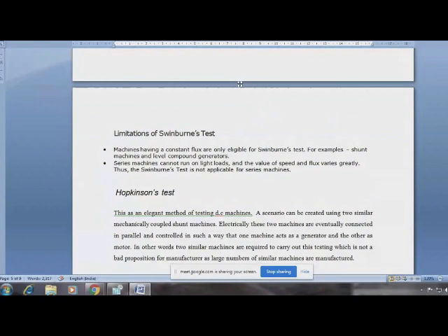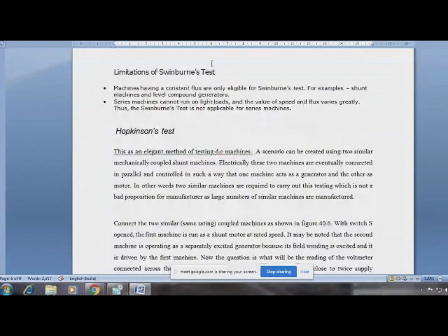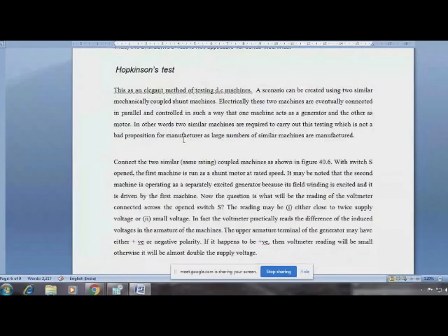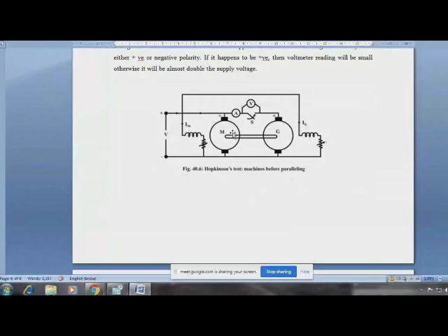And to address these limitations or the drawbacks, Hopkinson test was devised. And this test is also known as back-to-back test, and it's also called regenerative test. Why it's called back-to-back? Because we have discussed the last class. This test involves two machines connected as shown.